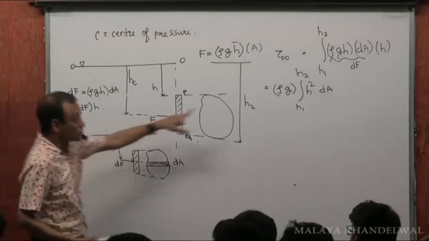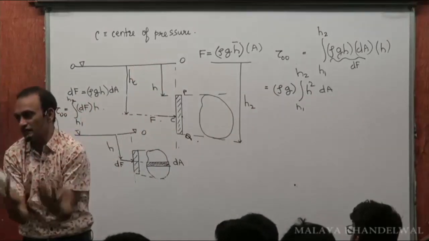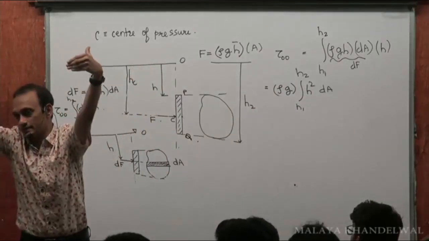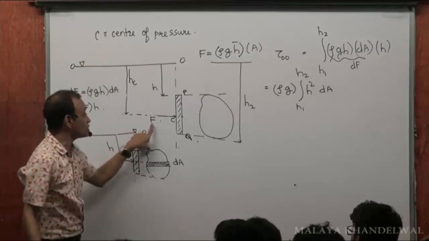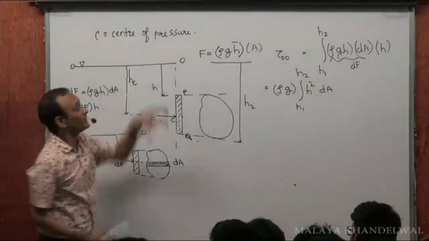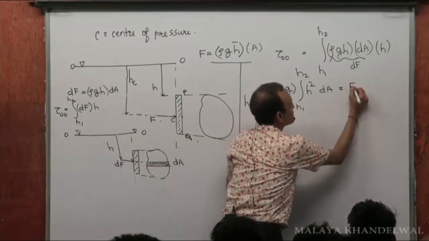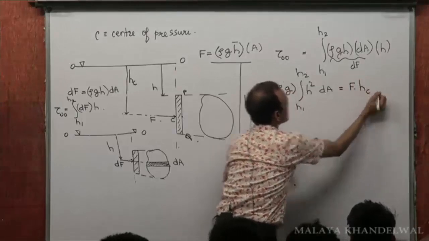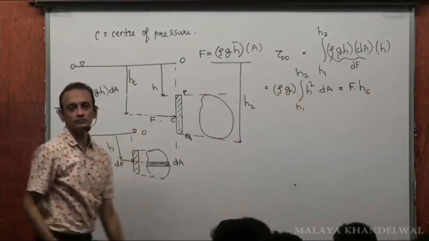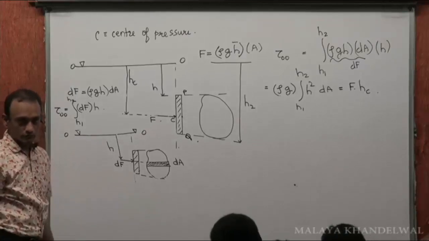So this is the torque of all the forces acting on the submerged surface about the free surface, and that must be the same as the torque of F about the free surface. That means it must be equal to F into HC.